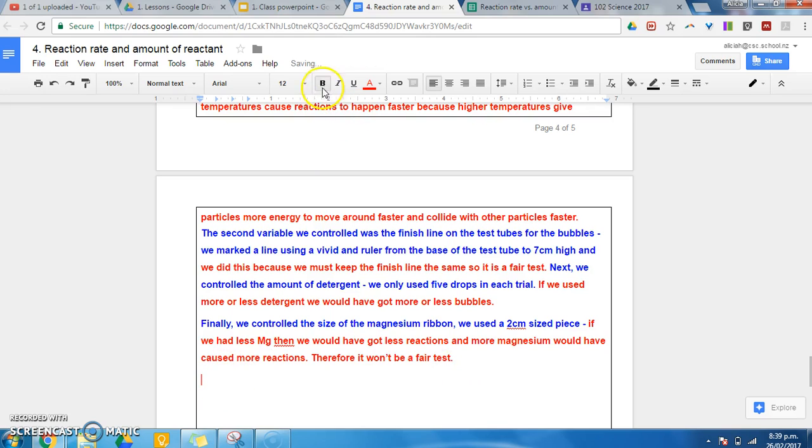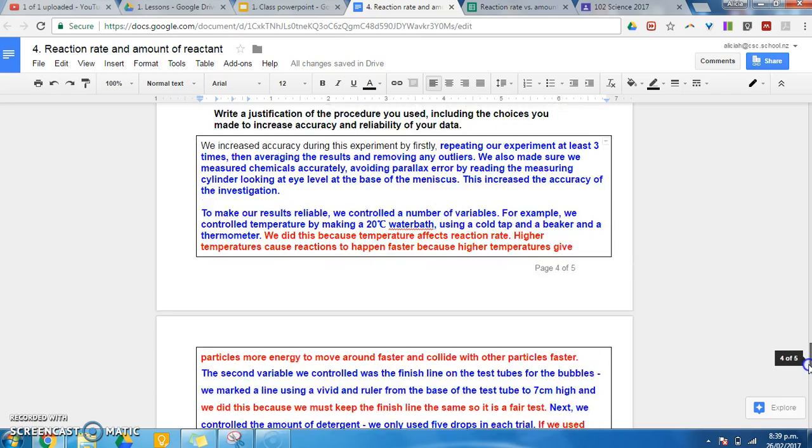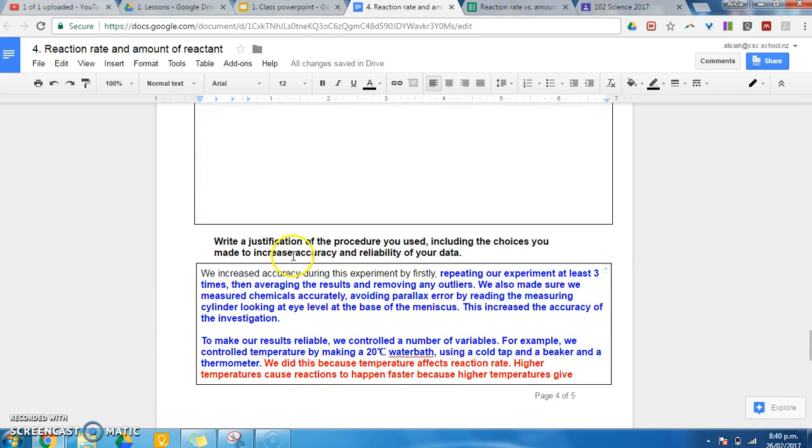Okay, finally, to sum that all up and say why we did all those things was because if we look back at the top of this box, it says that we are trying to increase accuracy and reliability.